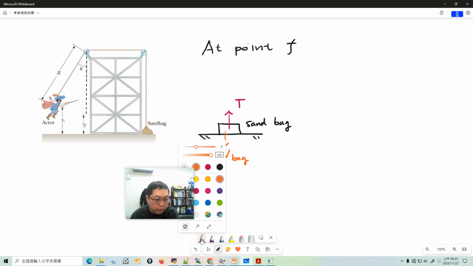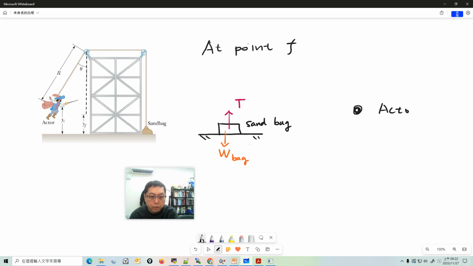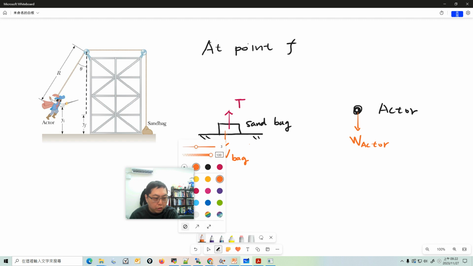Now at point F, let's do the analysis on the actor. The actor is lifted in the air, so he has weight, and he also feels a tension.